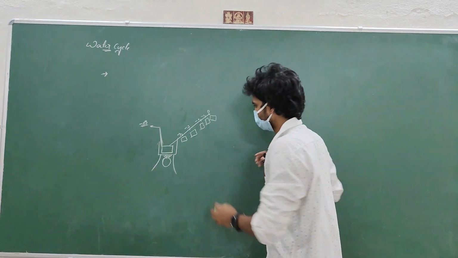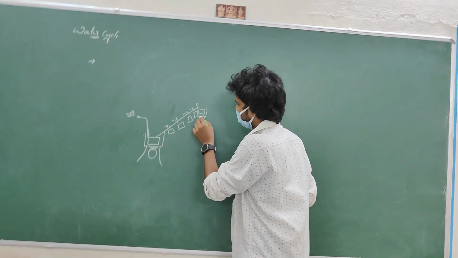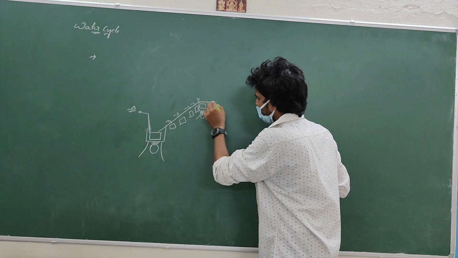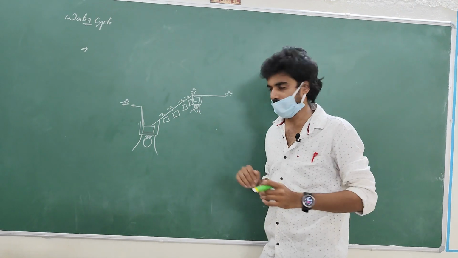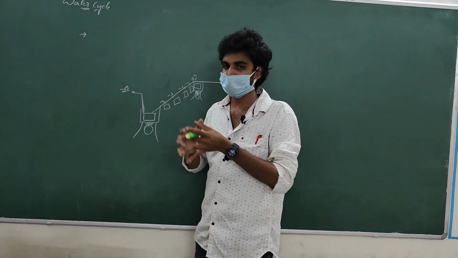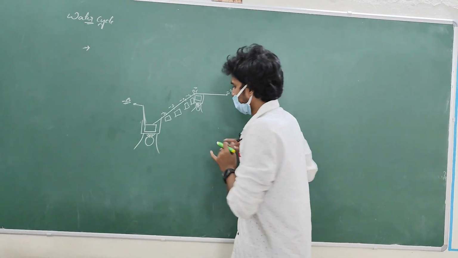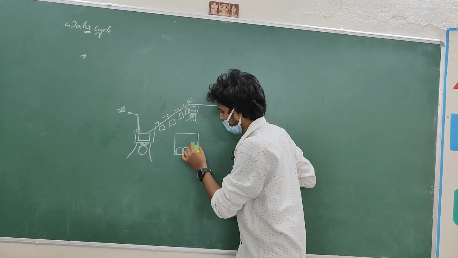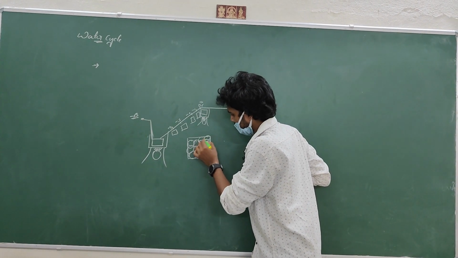At this time, if you observe, after heating for some time there is no change in temperature at 0 degrees centigrade, but we keep on heating it. In the ice cube, which is in a solid state, the particles are very close to each other, so there is a bond between the particles.